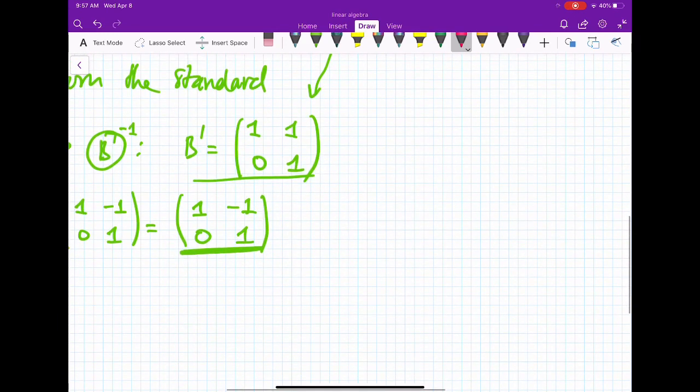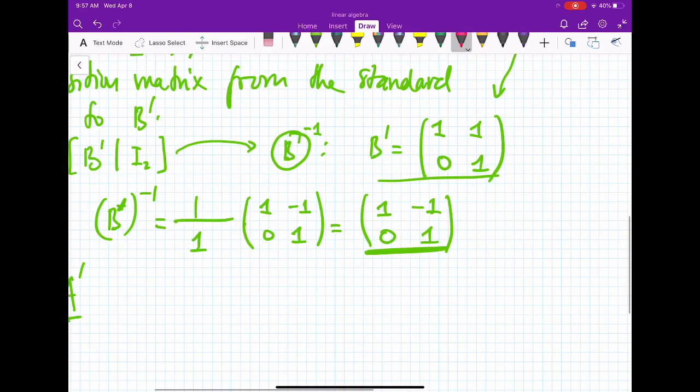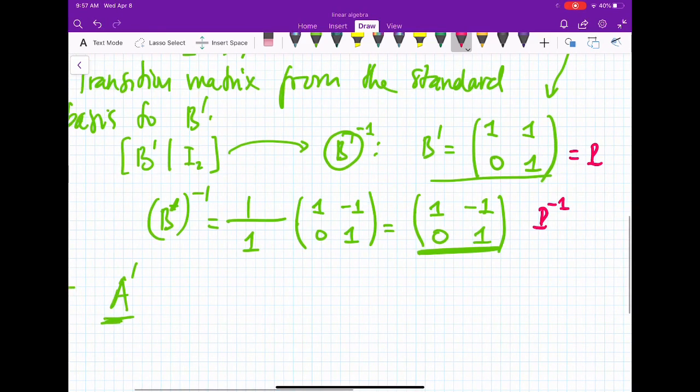And now you already have P. I would say, yes, this is your P. Okay, so this is your P to -1. So from here you have A prime equal to 1 to -1, 0, and 1.